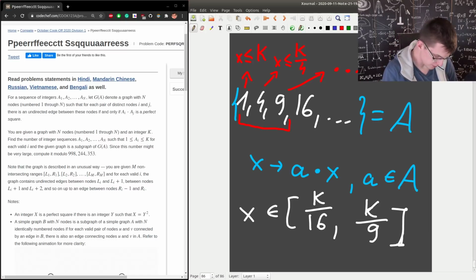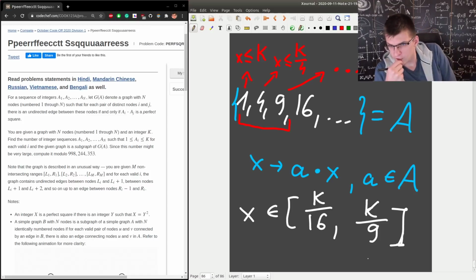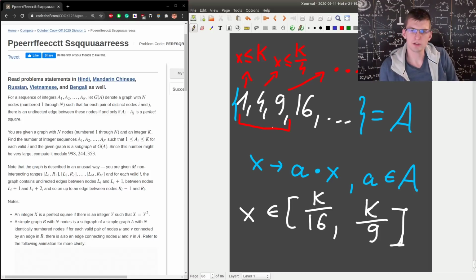Okay, let's try inclusion-exclusion. If I say that there's some number of those x's, then each number in my interval can be one of 3 types, so I will say 3 to the length of the interval.